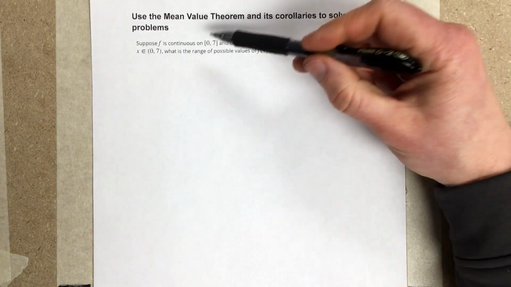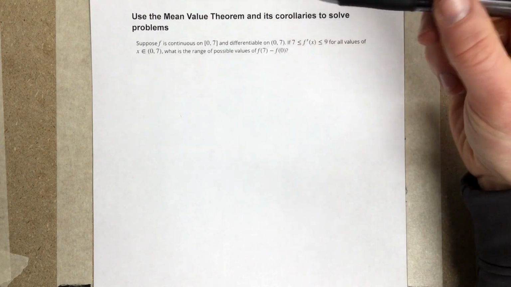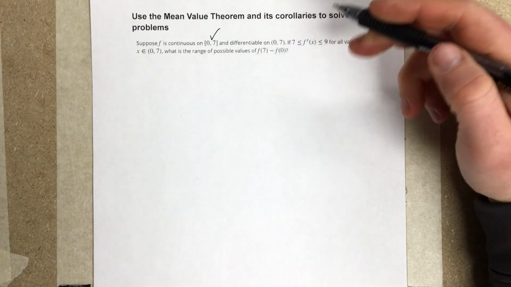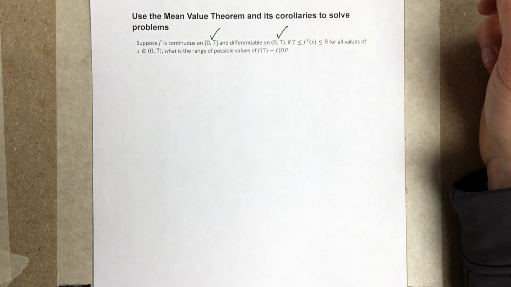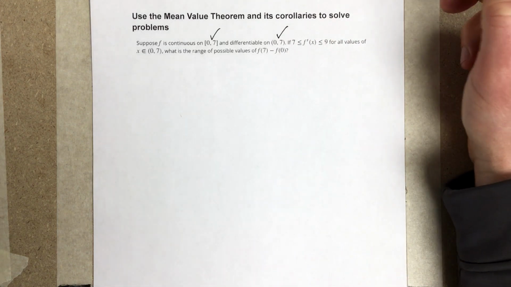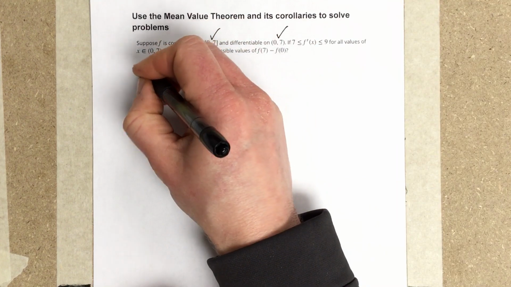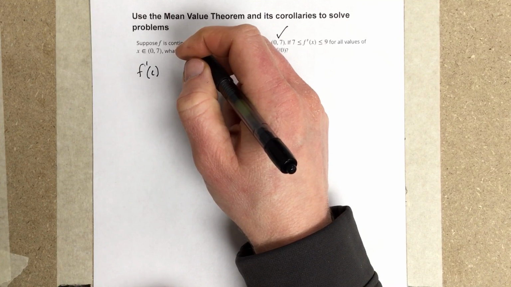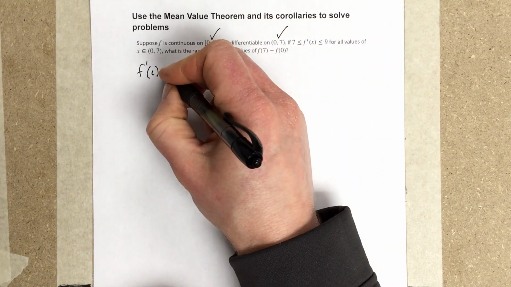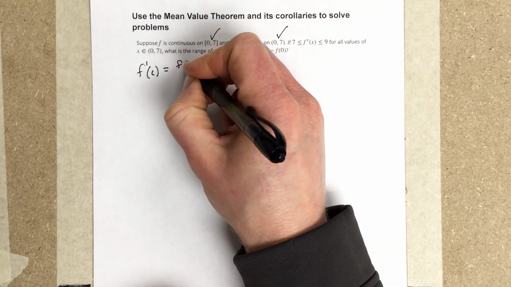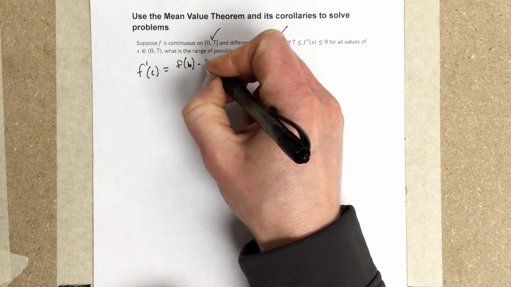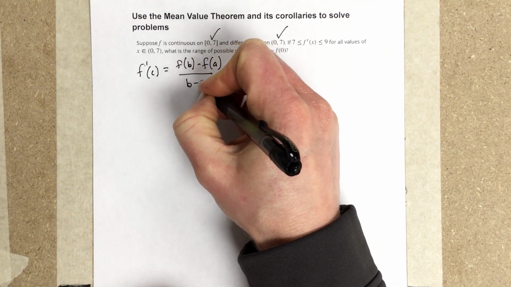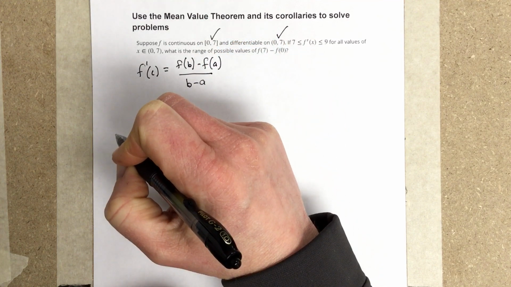So let's recall what the mean value theorem states. If we have a closed interval from 0 to 7 that f is continuous on, yep, that's part of it, and it's differentiable on (0, 7), yep, then the theorem basically states that f prime of c is equal to f of b minus f of a all over b minus a for some c value.